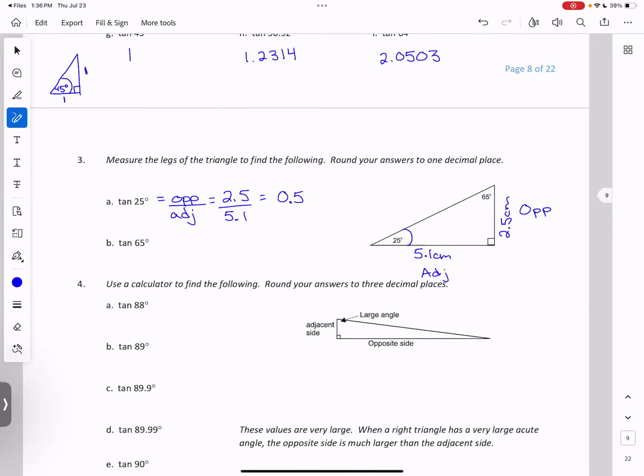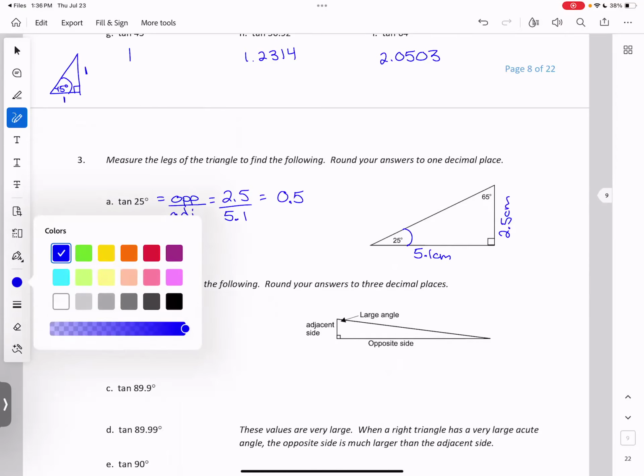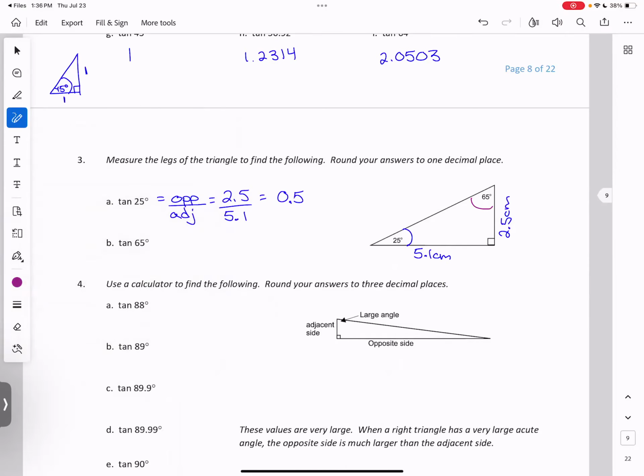Now we're doing tan of 65. So you just have to be careful. Remember that the adjacent and opposite are defined based on your angle of interest. So we have a new angle of interest, which is 65 degrees. That means the 5.1 is now our opposite side and the 2.5 is our adjacent. So again, the tan is opposite over adjacent.